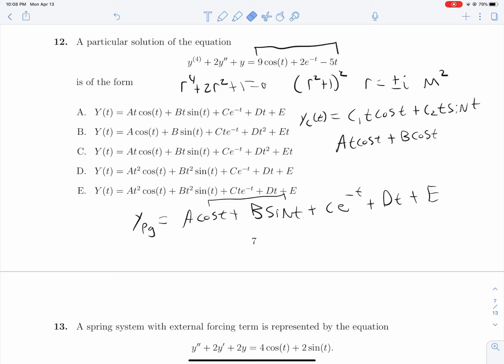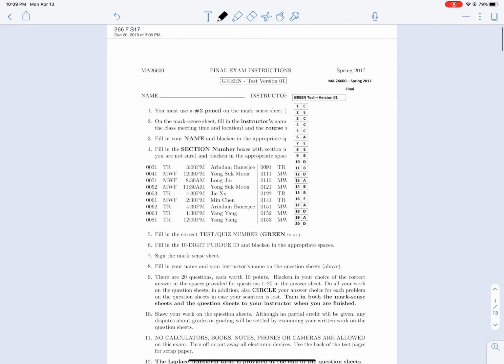You need to split up that t into something multiplied by t and something multiplied by a constant. Essentially all we need to do is multiply these by t squared, and we are out of the woods, and that does lead us to option D.